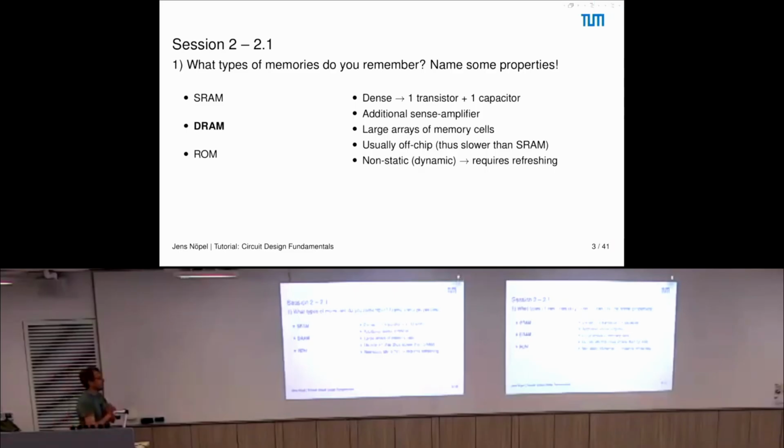which brings us to DRAM, which is dynamic random access memory that has a lot denser structure than SRAM has, and consists only of 1 transistor and 1 capacitor.